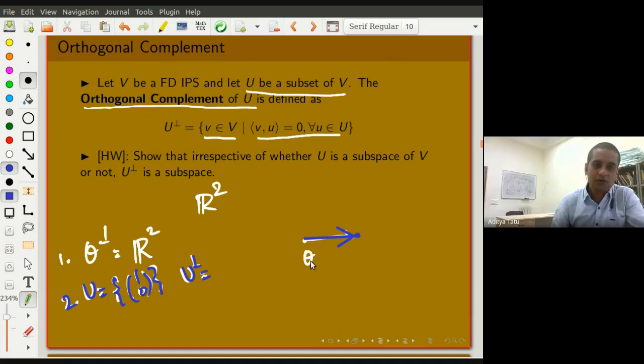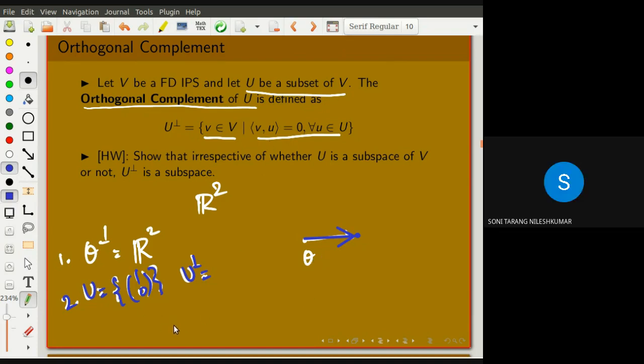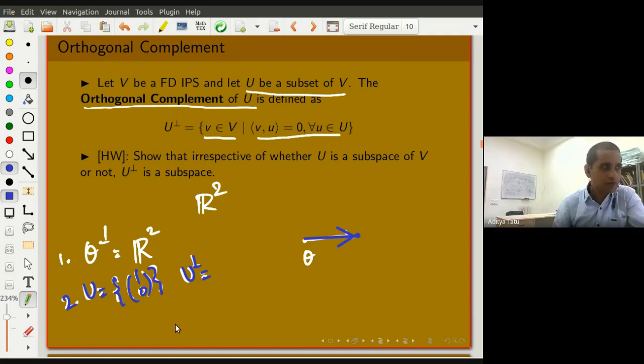So what is the orthogonal complement of the vector (1, 0)? It is (0, b), where b belongs to R. Exactly, so the entire y-axis. If this is your unit vector along x, then any vector on this line is orthogonal to it.